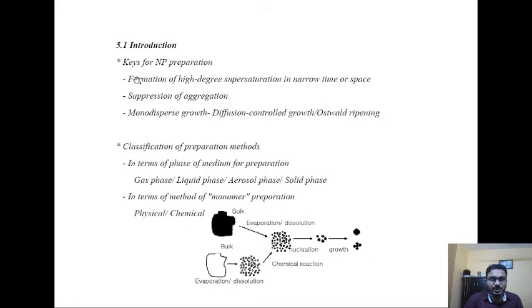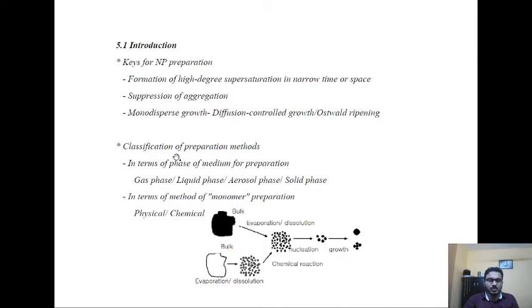So you need to remember three things. The three key points are formation of a high degree of supersaturation, second is suppression, and third one is the growth. Growth can be monodisperse, diffusion or controlled. Now the next is classification of preparation methods.